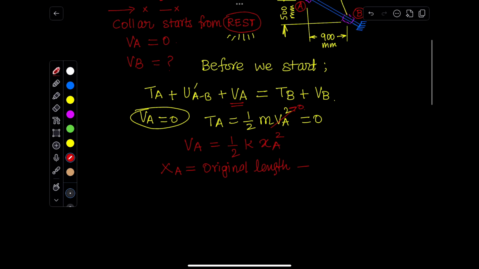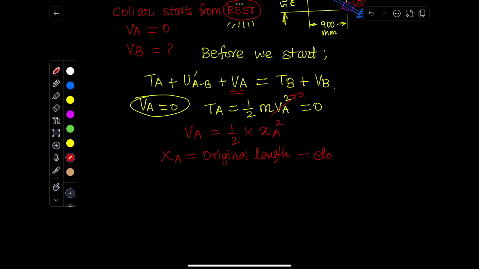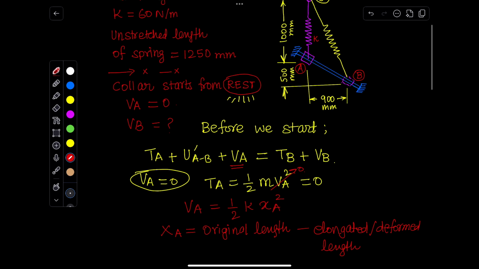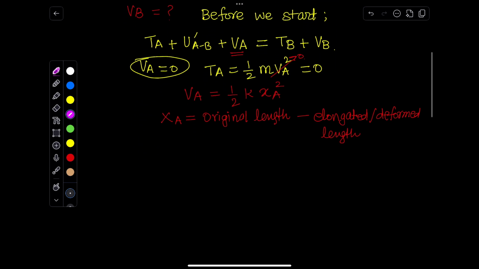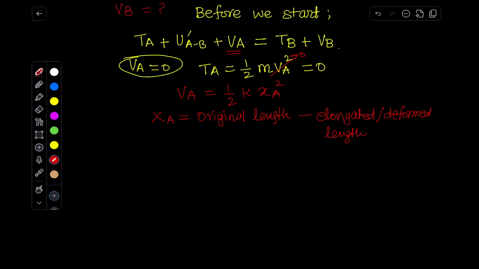So I will write a very simple formula here: the original length of the spring, it means the unstretched length of the spring, minus the elongated or deformed dimension of the spring. The original or unstretched length of the spring is already given, 1250 millimeter. So I will write here 1250 millimeter minus the elongated length.